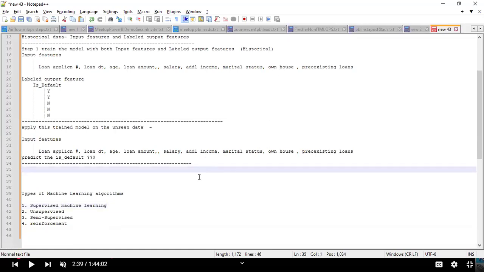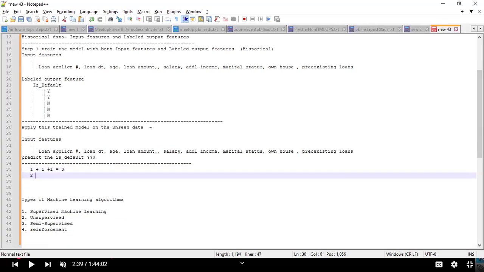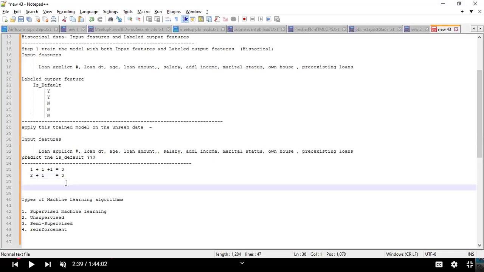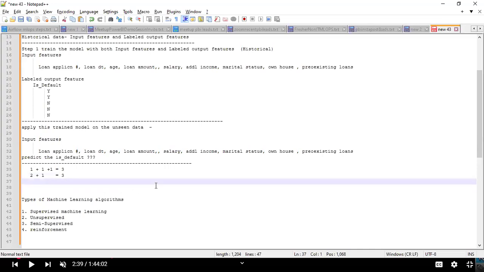The other example: I train a person that 1 plus 1 is equal to 2, and 2 plus 1 is equal to 3. This is your input, this is your output feature; this is your input question, this is your answer. I gave you the input feature and the label output feature also. If I ask you 1 plus 2, you should be able to tell it is 3.